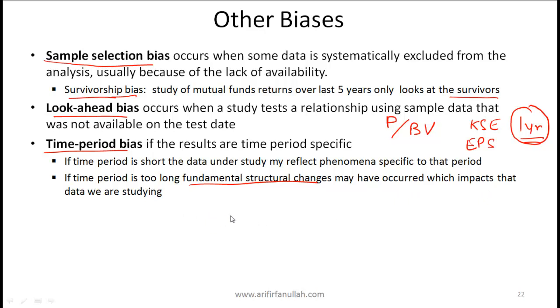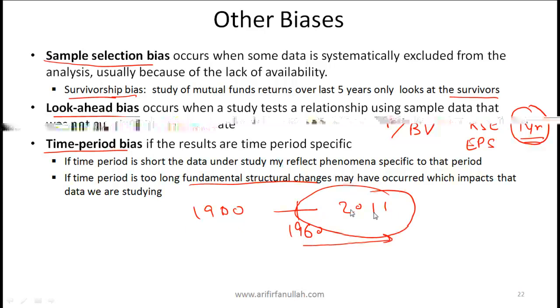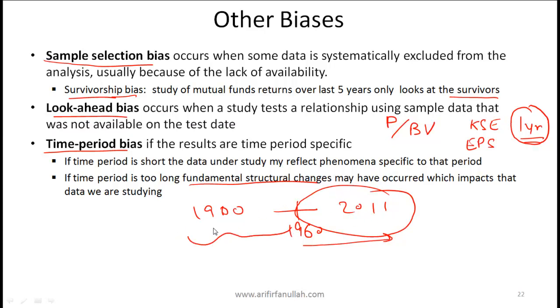Here, for example, if you are looking at American stock data from 1900 to 2011, here again there might be a time period bias, because let's say that since the 1960s there's been a structural change in the economy, and if we are taking data since 1900, then the fact that this is the relevant structure of the economy will be diluted by also taking data that is very old.